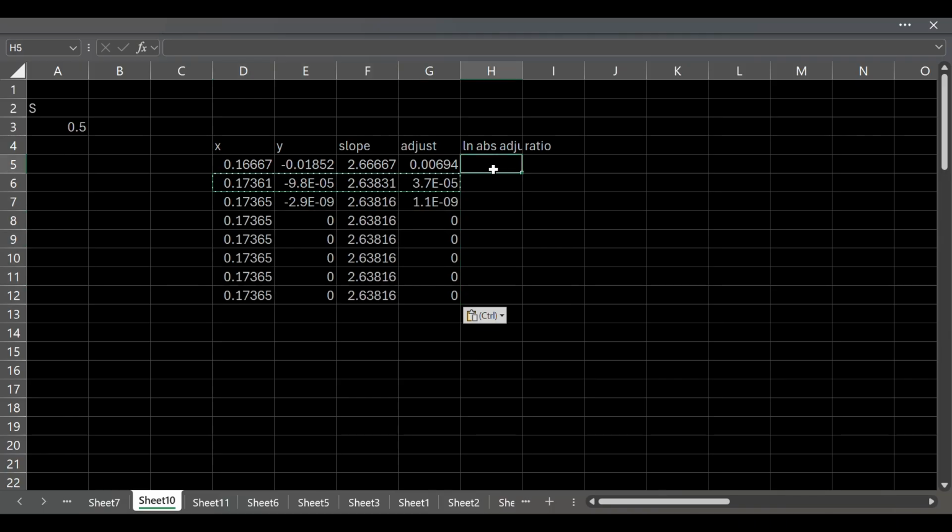And it does. Now, one thing to note about Newton's method is that the natural log of that adjustment tends to increase by a factor of 2 each iteration. So the ratio of these numbers is going to be around 2.